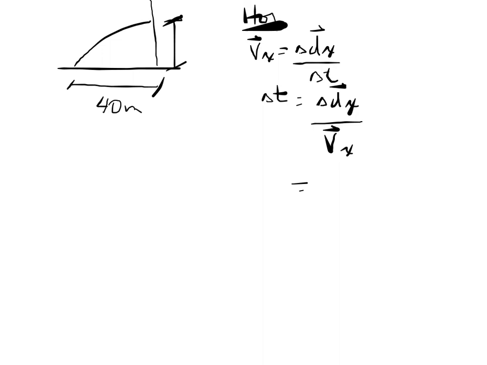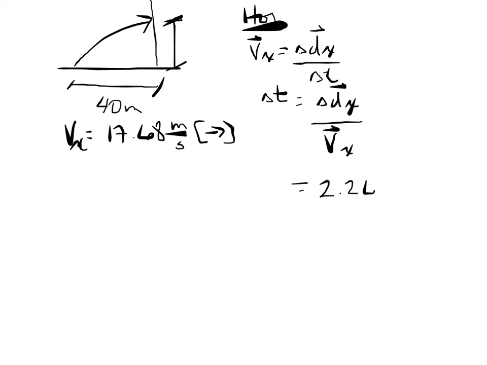And using our initial velocity in the x direction of 17.68 meters per second to the right, we get a figure of 2.26 seconds.